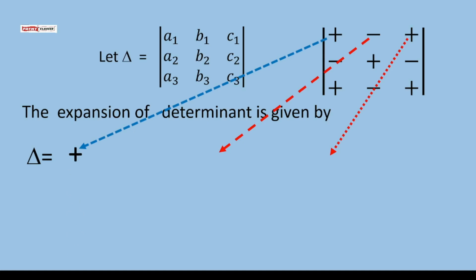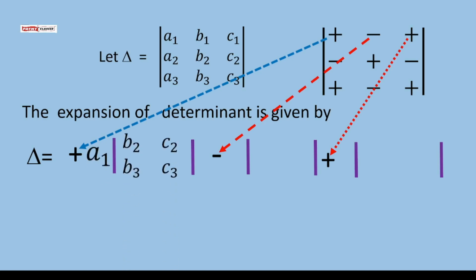We first write the signs of the cofactor, then we write A1 multiplied by its minor, then we write B1, which gets multiplied by its minor, then C1, which gets multiplied by its minor. This entire calculation gives the value of the determinant of third order.